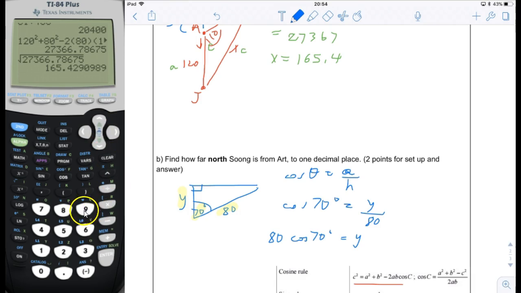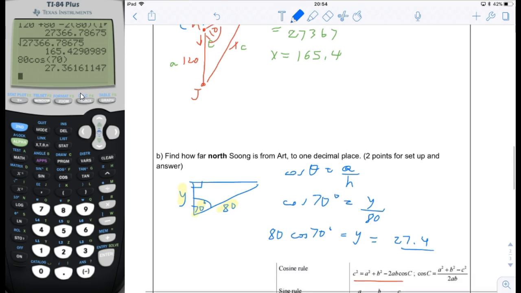So let's find out what that is. And the answer is 27.4. So the distance y is 27.4 meters. Okay? So that's how far north Sung is from Art. And that's it.